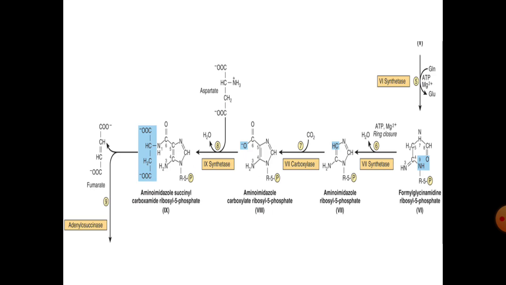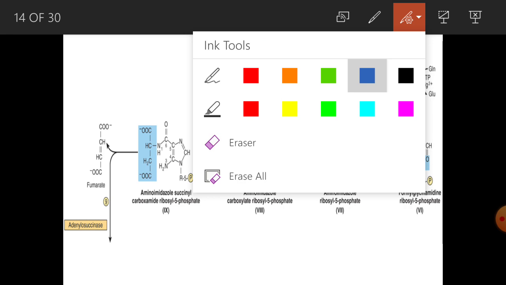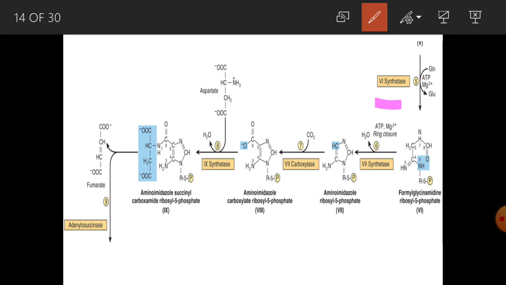In the presence of synthase, again another glutamine will donate its amino group, and what do we get now? Formyl glycinamidine ribosyl 5-phosphate. There might be a little bit of nomenclature difference in different books. After this product is formed, in the 6th step, in the presence of ATP and magnesium, there will be ring closure with removal of one water molecule.